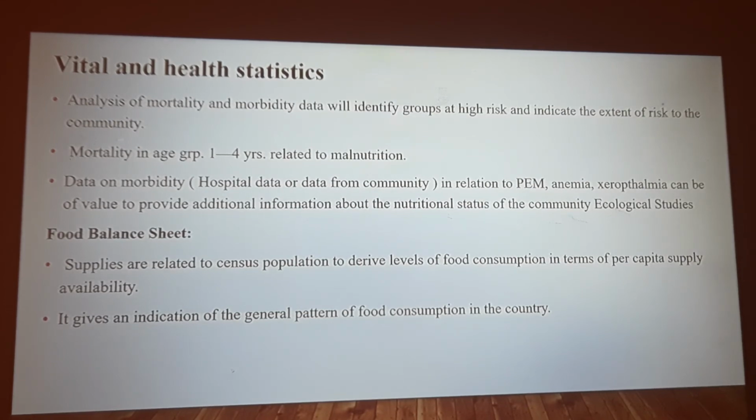So through vital and health statistics we can find out whether the community has any high risk factors. We can identify this through their group mortality rate and morbidity rate. Mortality means the death rate, and morbidity means the disease rate, which we can find out through community vital health statistics.